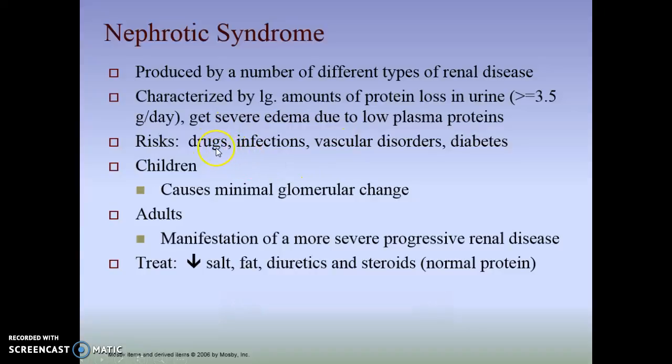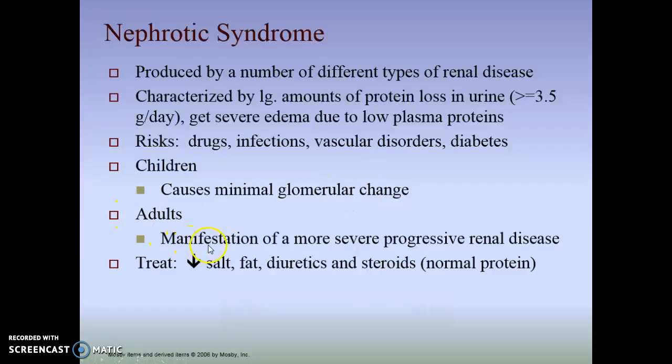Risks for this are drugs, infections, vascular disorders, diabetes, everything that you would have as a risk factor for glomerulonephritis. This is actually most common in children, but in children, nephrotic syndrome causes minimal glomerular change. So the young kidneys can recover.